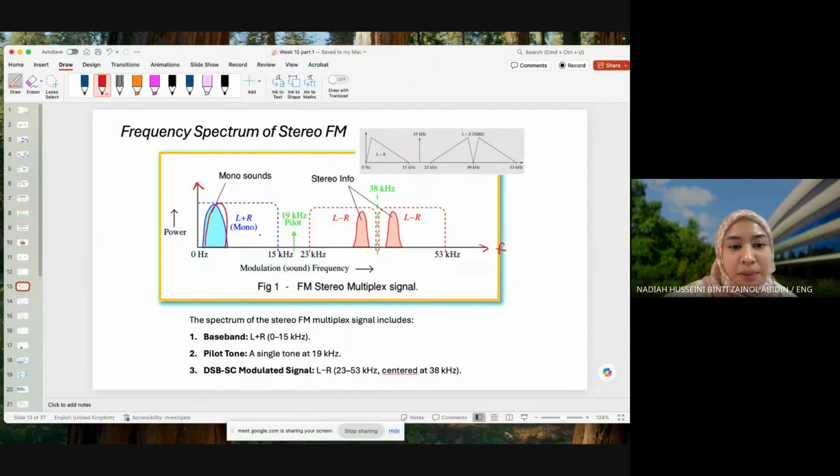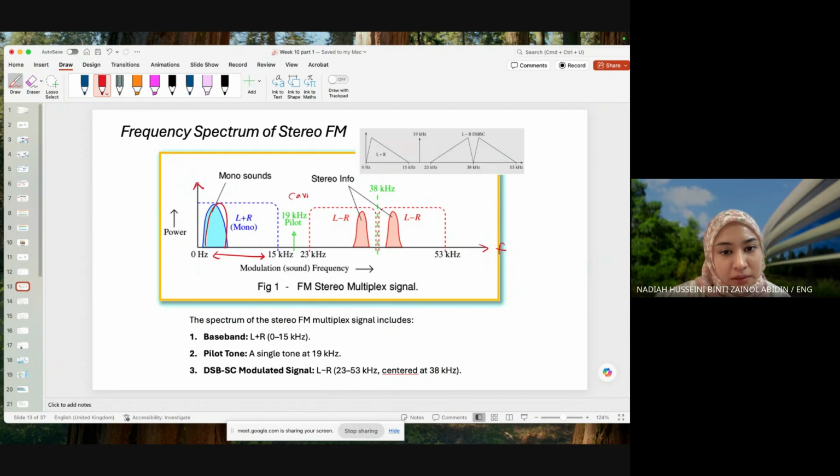This is L plus R, which means that this is mono. This region is specific to mono, so 0 to 15 kilohertz is specific to mono. Please bear this in mind first. Then we have our 19 kilohertz pilot. The pilot is kind of our carrier here.